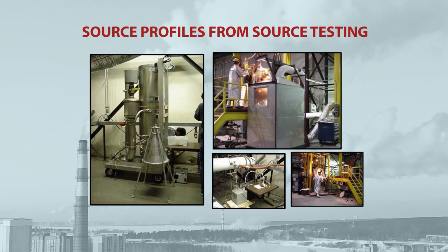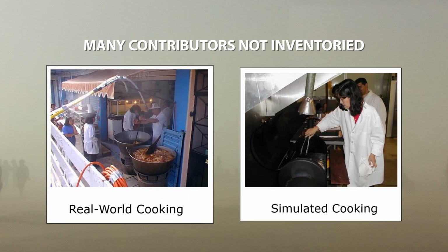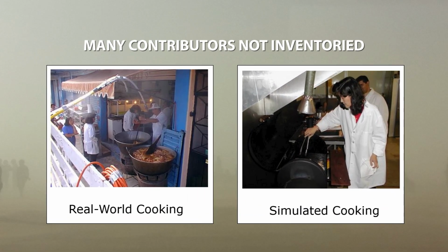And these are the source profiles. The source profiles, or the emission inventory. From the emission sources we can identify, for example, what amount of sulfur dioxide or what amount of nitrogen dioxide or what amount of particulate matter is being released from a kitchen or from an industry or from a vehicle.